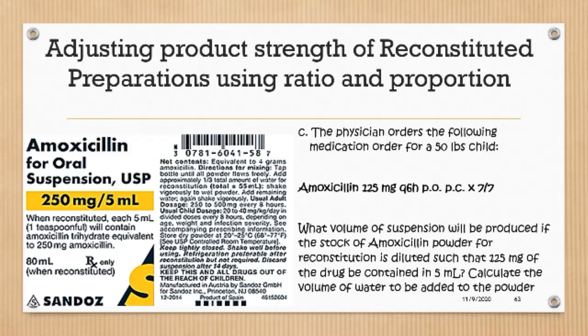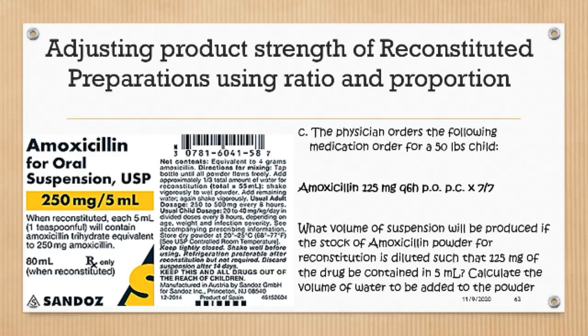So we have a stock of 250 milligrams per 5 mL reconstituted powder, but the prescription calls for 125 milligrams every 6 hours for 7 days. And the doctor went on to stipulate that he wants this dose of 125 milligrams to be placed in every 5 mL. So you're going to have to use the stock that you have to do that.